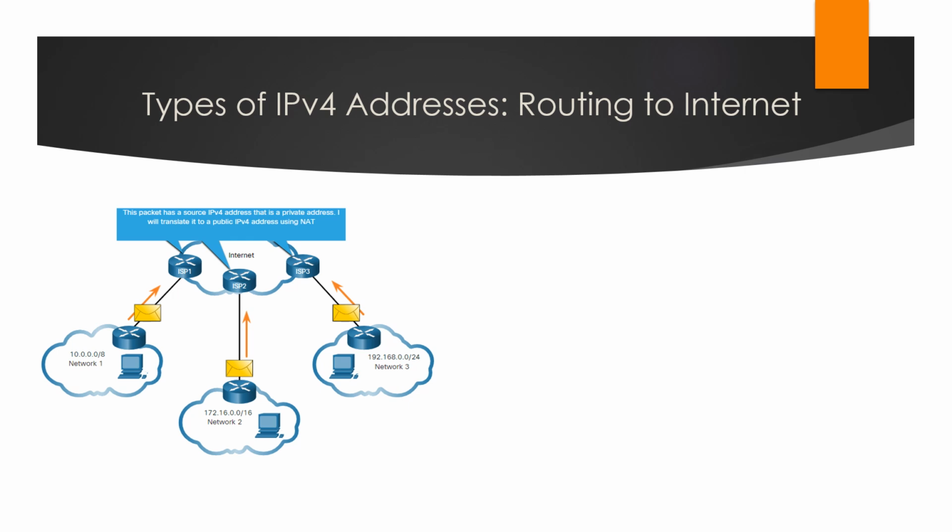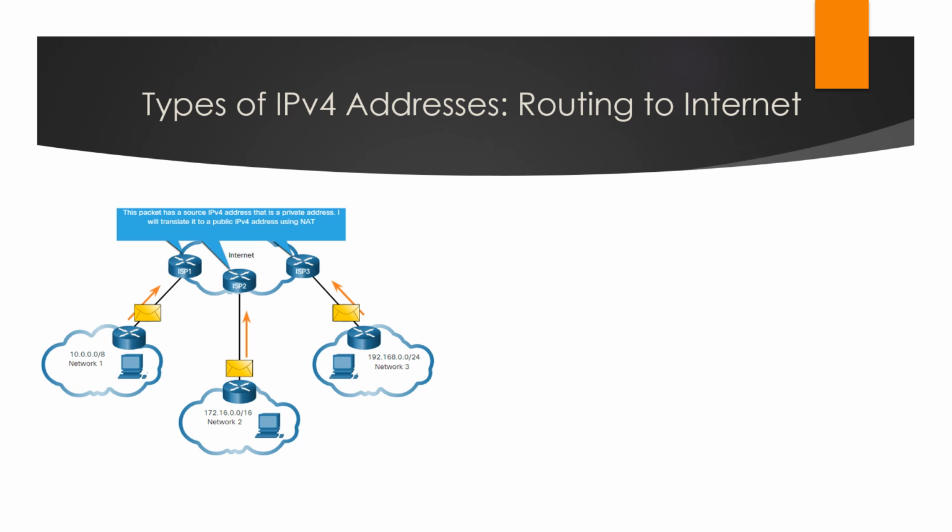Network address translation is used to translate between private IPv4 and public IPv4 addresses. This is usually done on the router that connects the internal network to the Internet Service Provider network. Private IPv4 addresses in the organization's intranet will be translated to public IPv4 addresses before routing to the Internet.